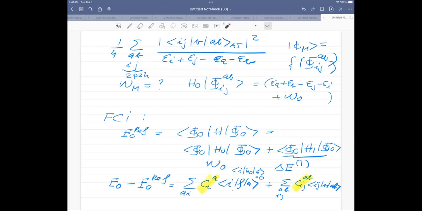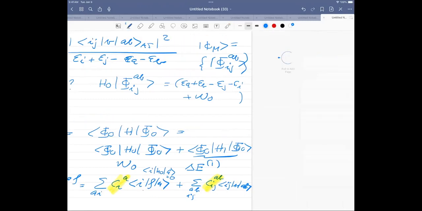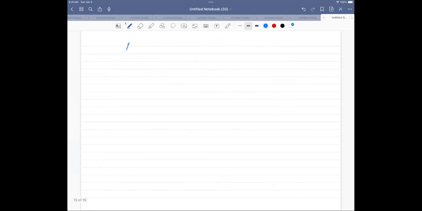But if you look closely at what we have, you see that this matrix element is something we have here. What we could do now is define a new quantity which comes from perturbation theory at a given order. I'm going to define a quantity which I call t i a, which is given by i of F of a divided by epsilon i minus epsilon a.